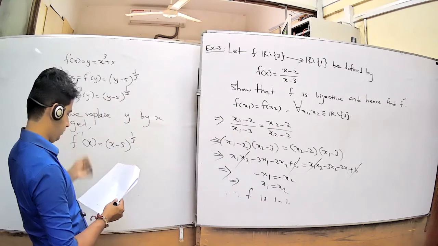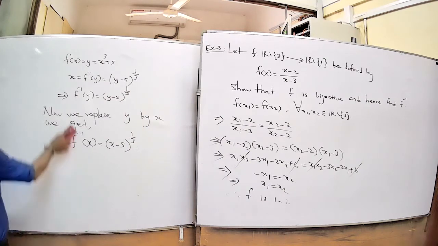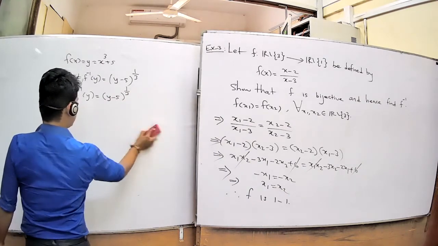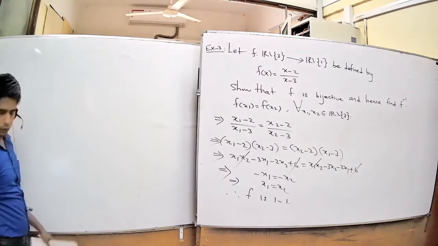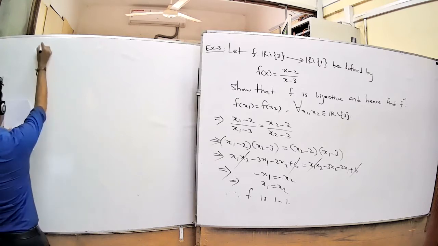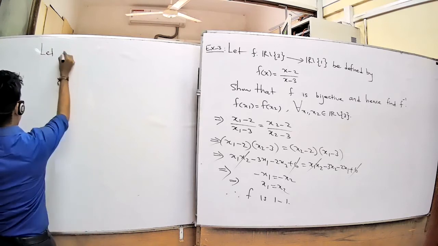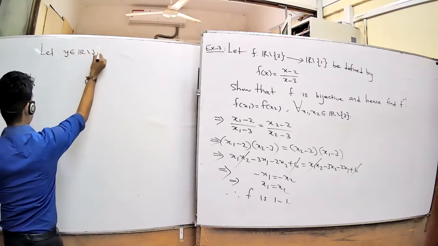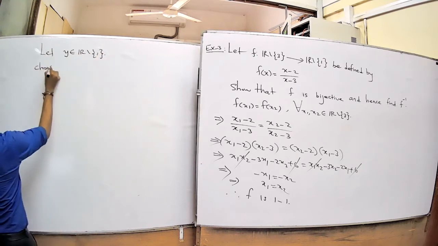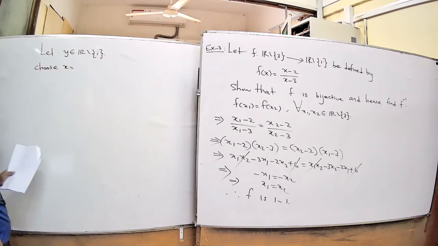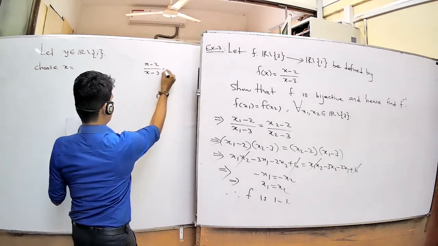Now for the onto condition, you take one of the elements from the codomain: let y belong to R minus {1}. Choose x values, right? You have some ideas. I already told you (x minus 2) over (x minus 3) equals y.